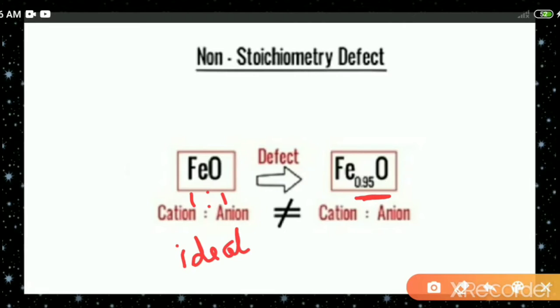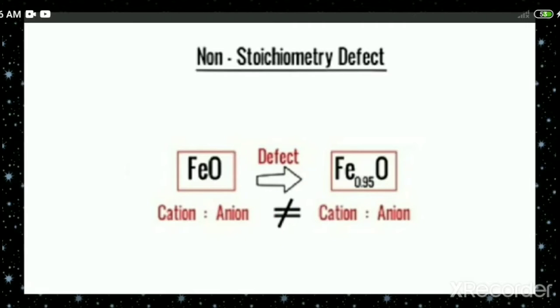The ratio actually gets differ. So in this defect, the ratio between the cation and anion in the ideal crystal is not equal to the ratio in the defected crystal. That's why it is called non-stoichiometric defect.